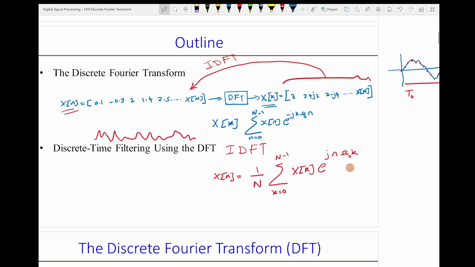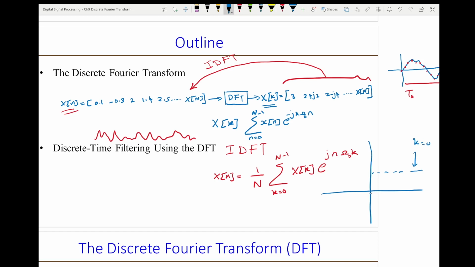So the meaning of this equation basically says the following. x of n here consists of a sum of sinusoidal functions. Each sinusoidal has this strength. So just to visualize it, it's like this. First, you have the DC. That's when k equals 0.